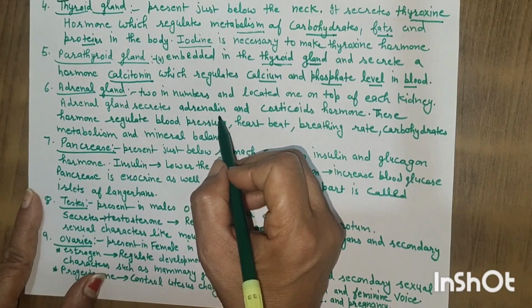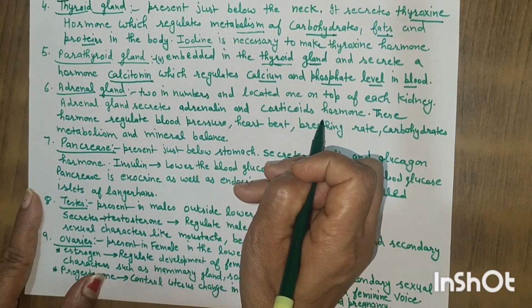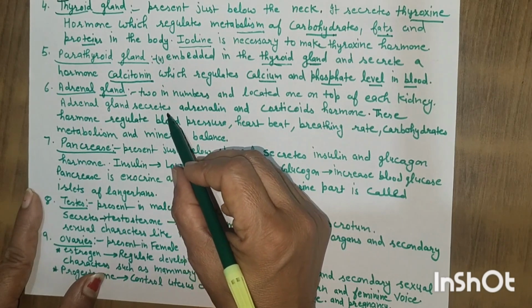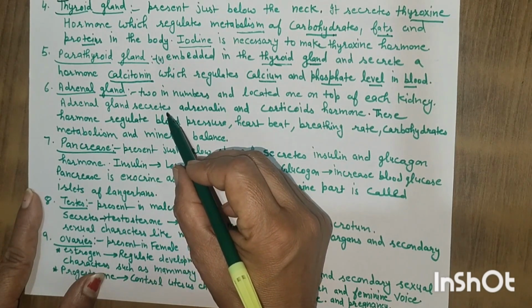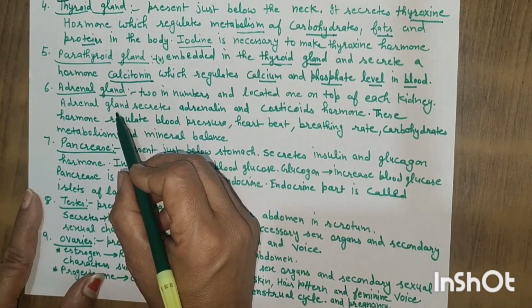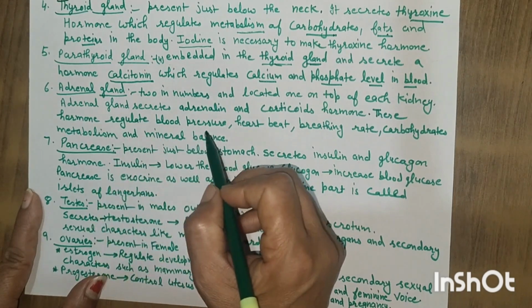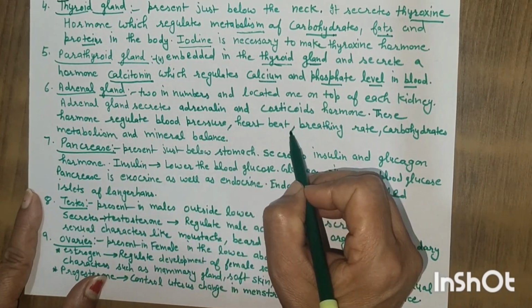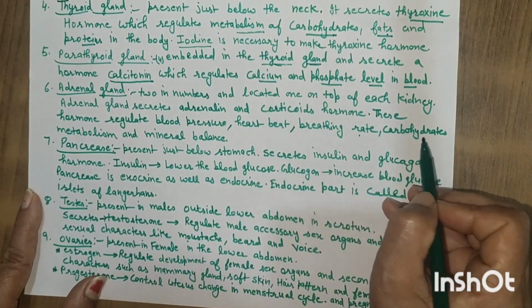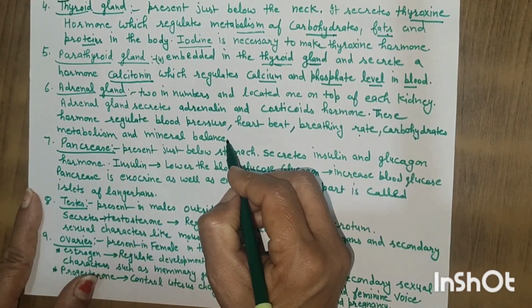The adrenal gland secretes adrenaline hormone and corticoid hormone. These hormones are also called emergency hormones because they act at the time of an emergency. These hormones regulate blood pressure, heartbeat, breathing rate, carbohydrate metabolism and mineral balance.